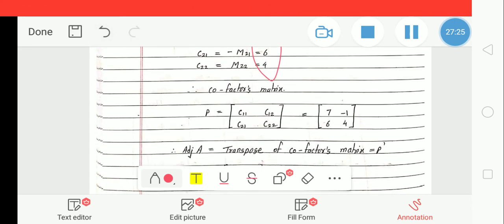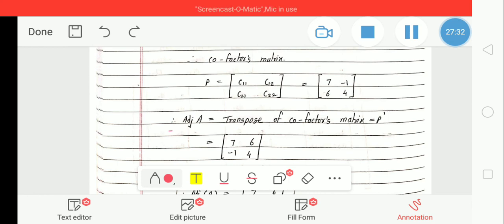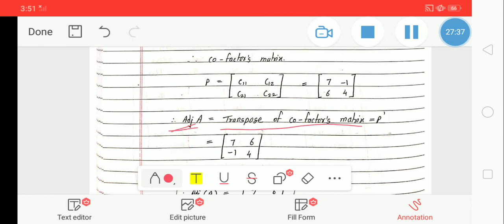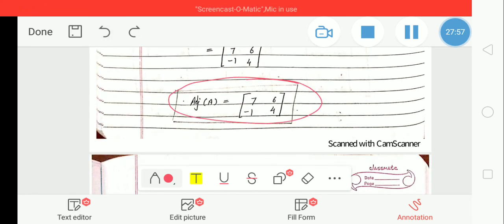So we put them in P. P means the cofactor matrix. This is the cofactor matrix. Now the adjoint of A means the transpose of the cofactor matrix P. We will take the transpose of P. So 7 is first row first column, and second row second column. So first row is 7, minus 1, and second row is 6, 4. We take it by interchanging rows and columns. So this is the adjoint of A.